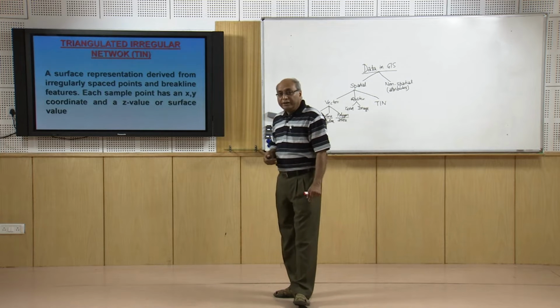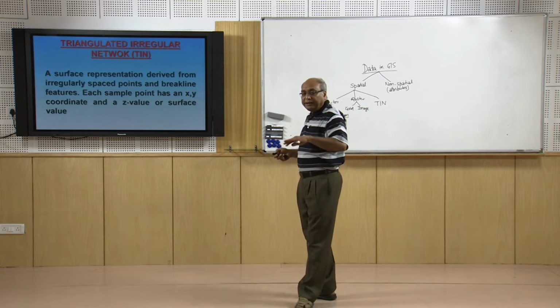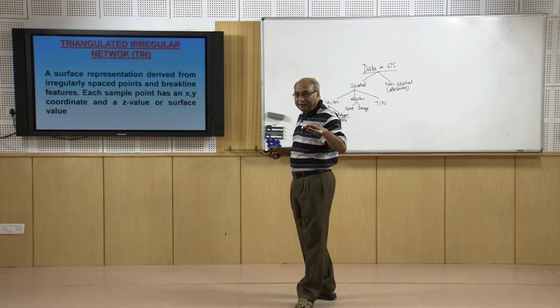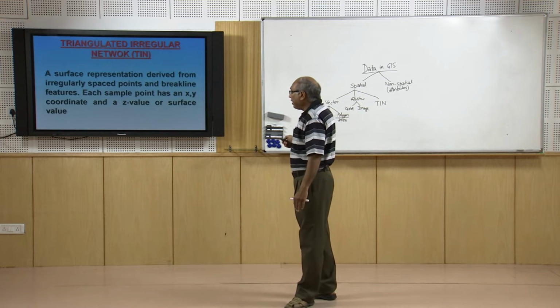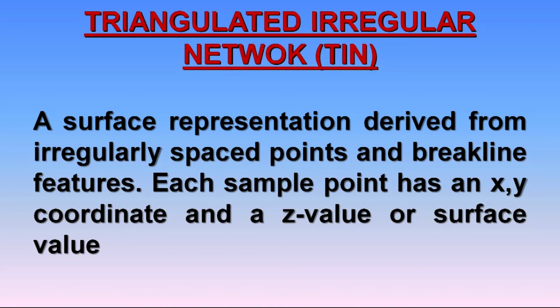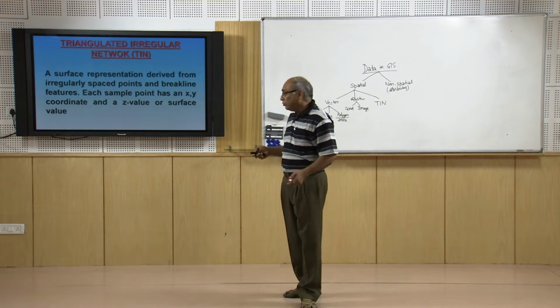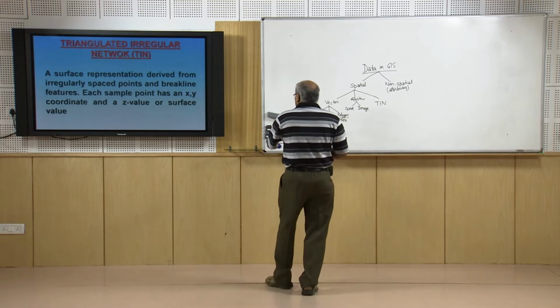So let's look at the definition: a surface representation, a terrain surface like a rugged Himalayan terrain, can be derived from irregularly spaced points and break line features, and each sample point has an x and y coordinate and then a z value, or the surface value. So you have x, y, z together.